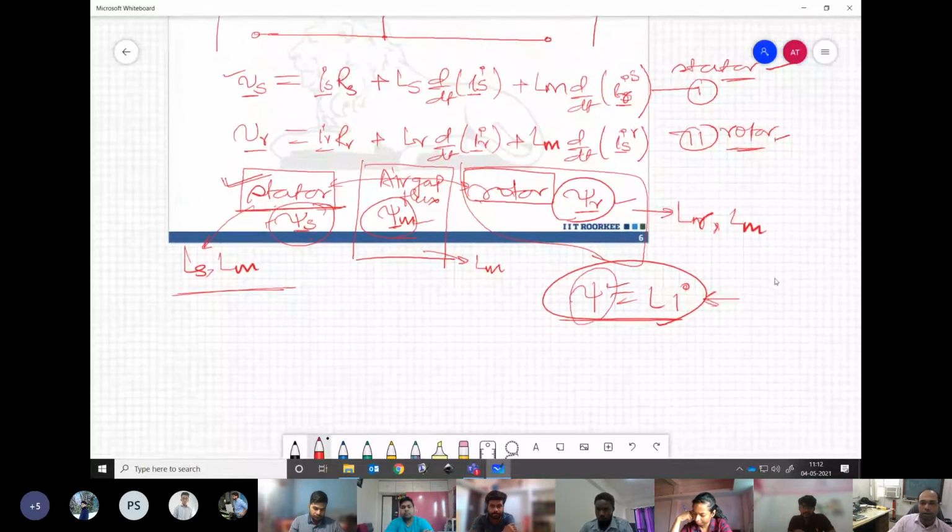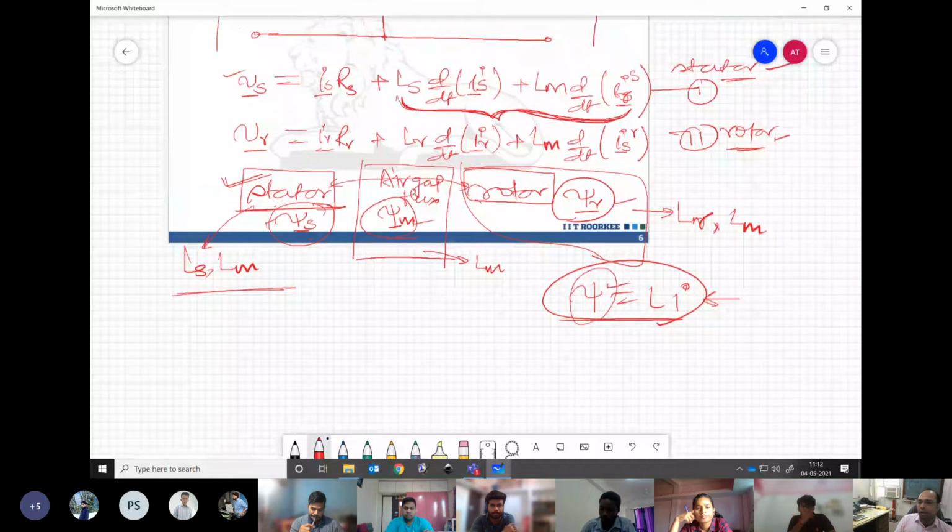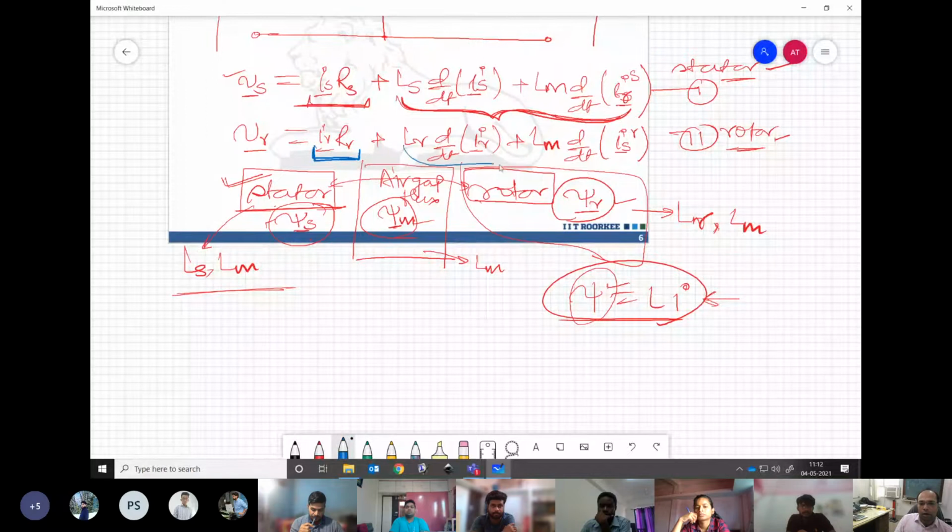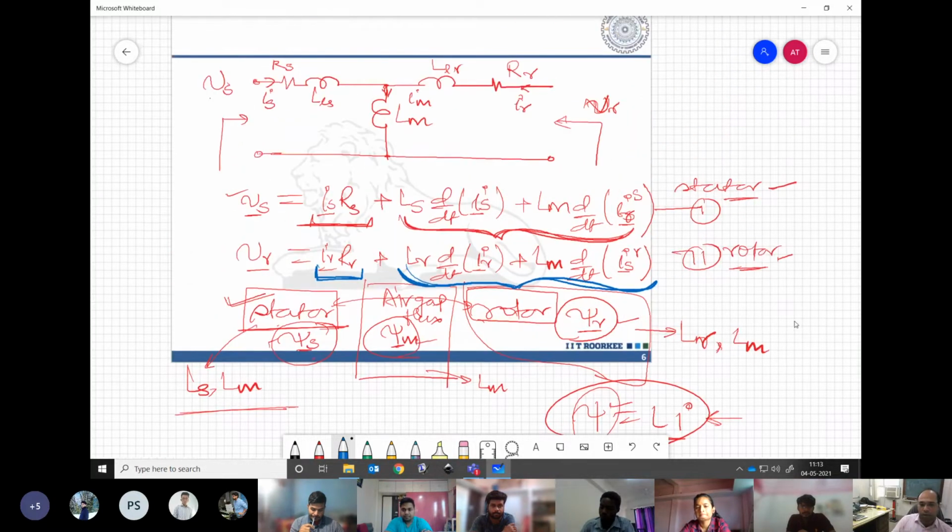So if you see in this equation what we are writing over here, this part is what is associated with some inductance and some current apart from the IR voltage drop. And it is same for the rotor equation also. Apart from the resistance drop, the other term is actually associated with some flux. Understanding my point? Now what this flux is, that we have to see. So we have written KVL for both the sides.